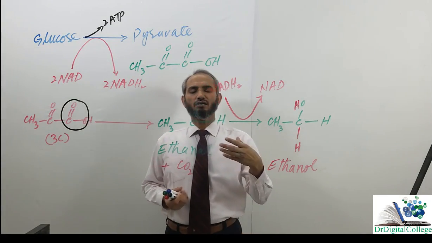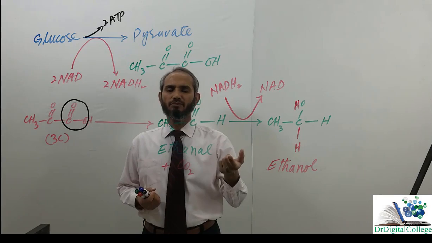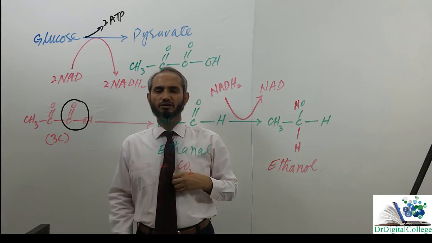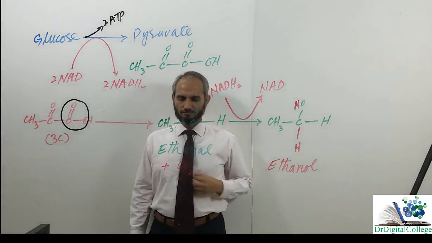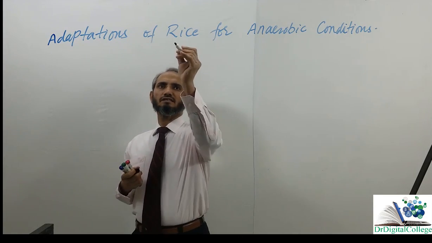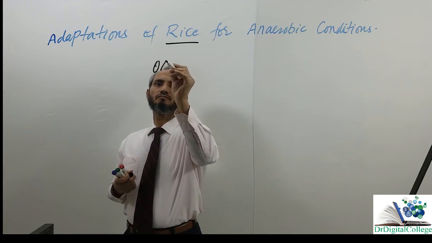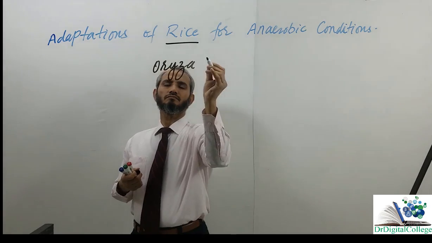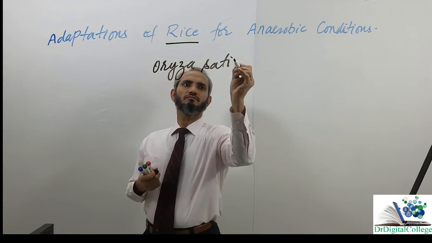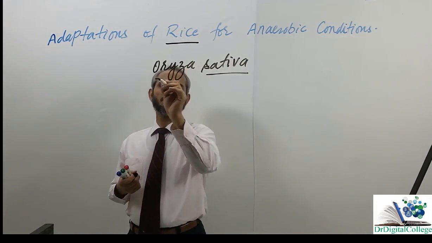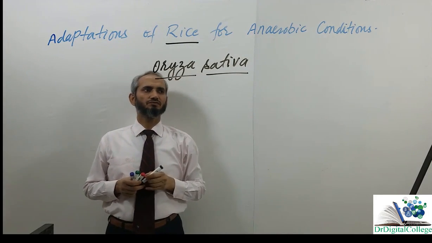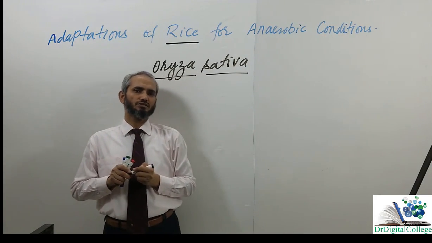Okay, now let's see how the rice plant is well adapted for the overall anaerobic conditions of waterlogged soil. Rice, or Oryza sativa, is grown in waterlogged conditions where there are anaerobic conditions in the soil.